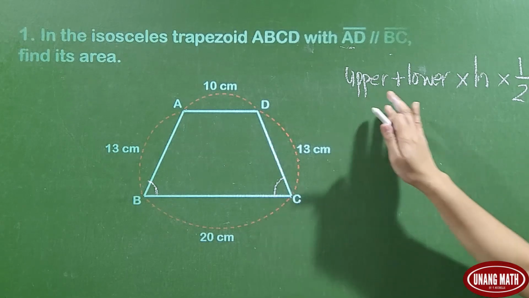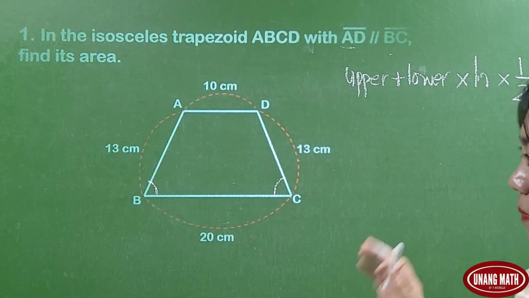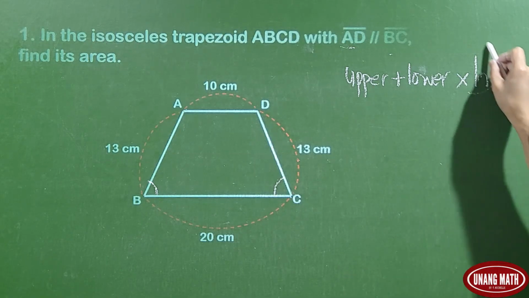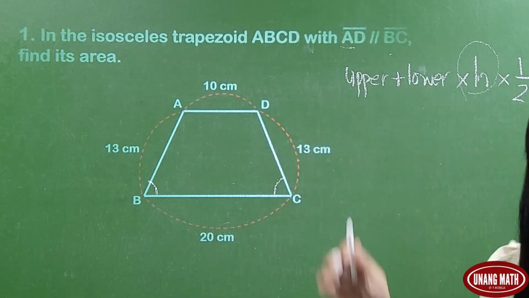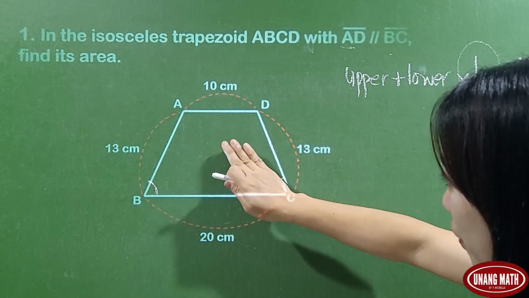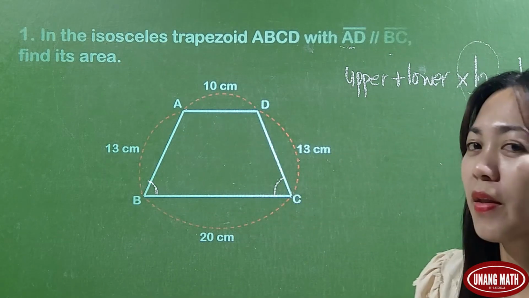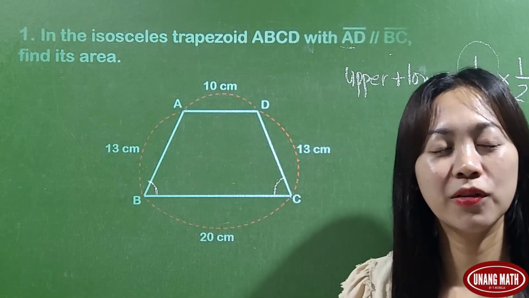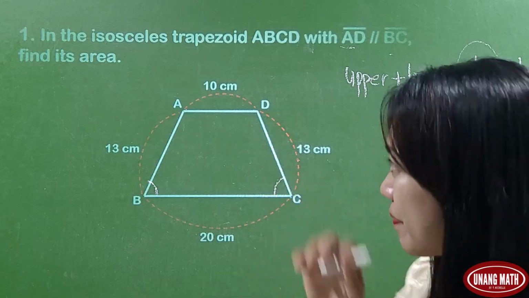So we usually use this formula in finding the area of a trapezoid. But in here, we actually don't know the height of this trapezoid. So to find the height, in order to find the area, we will draw auxiliary lines.